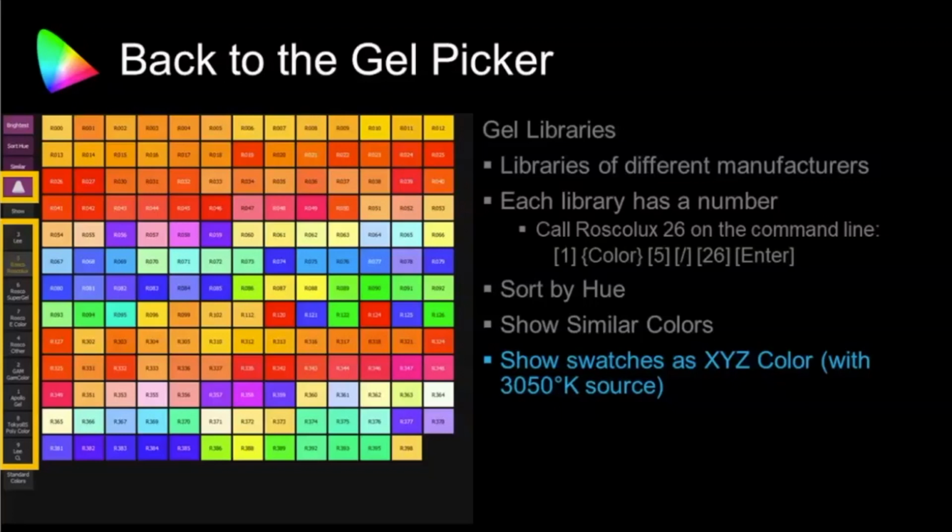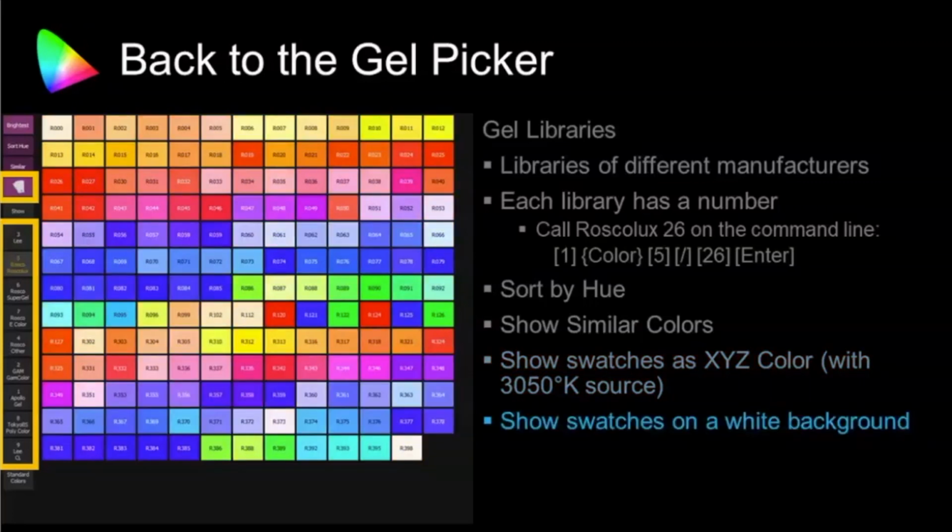If you're much more familiar just looking at the swatch book, or you have a cooler source that you're dealing with, clicking on that button will get you an icon that looks like a swatch book, and that's going to show you just the gel characteristics on a white background, right? So this is what that gel may look like if you're looking at it up against paper. So it just changes what these things look like. It doesn't change how it controls the lights.